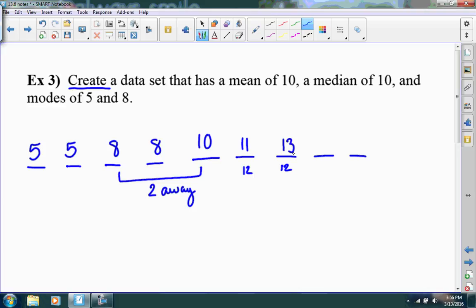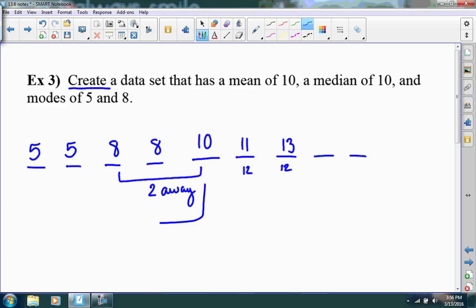So they would affect my average the same as 12 and 12 would. But I don't have the numbers 12 and 12 repeating. I have 11 and 13. I have single numbers that are repeating. So that keeps my modes of 5 and 8 occurring twice still a possibility.